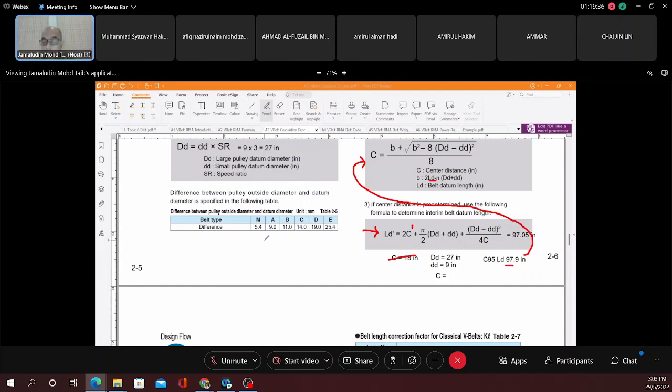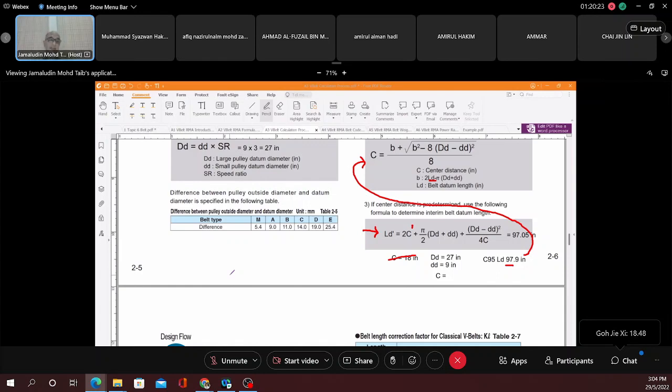Can somebody do the calculation with a calculator? B is 2LD minus pi times the larger D plus the smaller D. Somebody please get the value for me. Anybody? Write it on the chat.